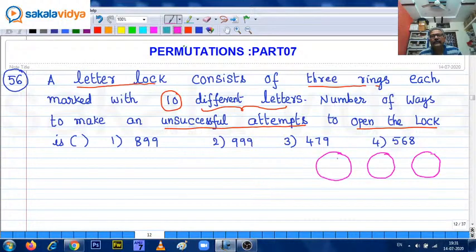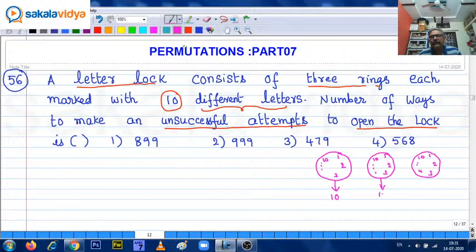Each is numbered 1, 2, 3 up to 10. So each can be turned 10 ways.